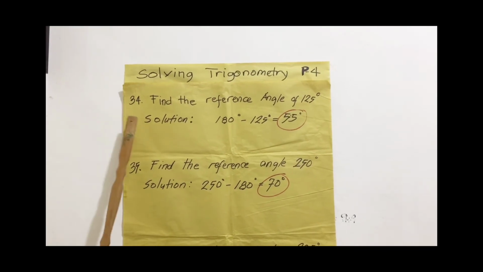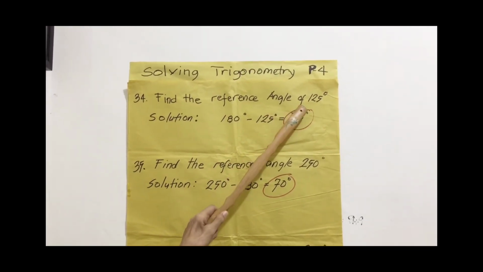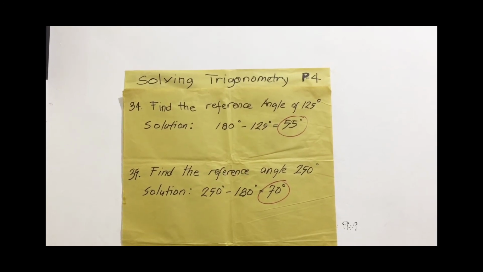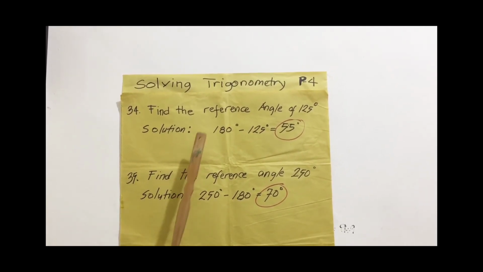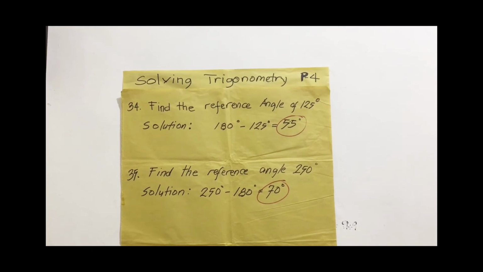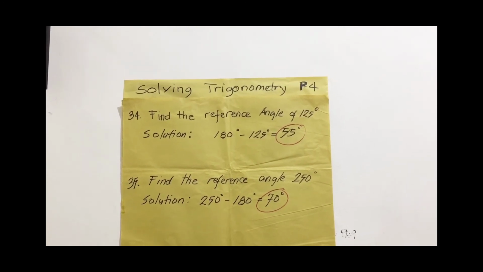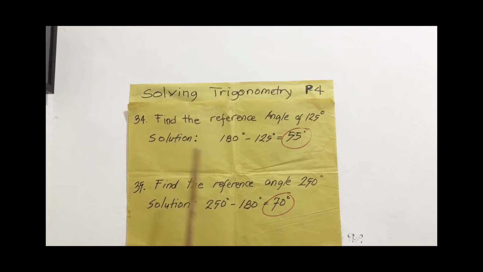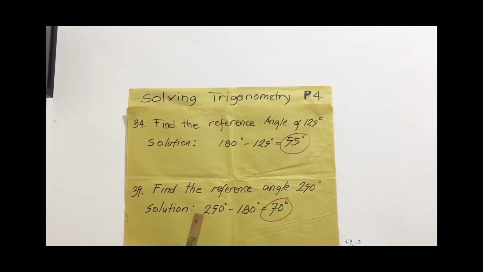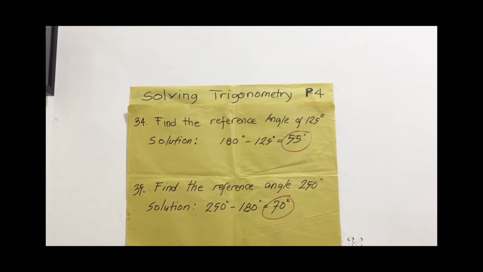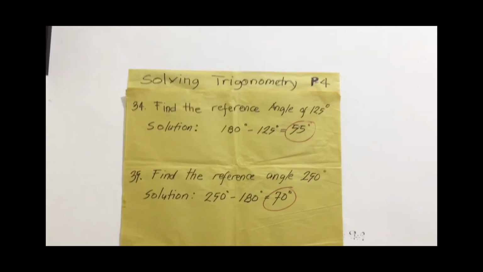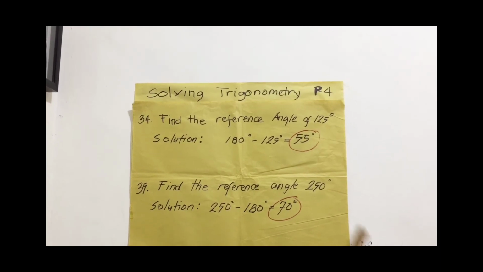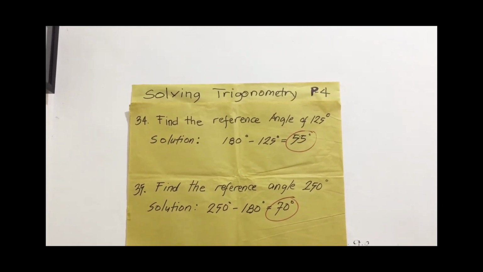Okay, next, number 34, find the reference angle of 125 degrees. So we have to think first, since the question is the reference angle, you have to recall that one rotation in a circle is equivalent to 360 degrees. Then the half of a circle is 180 degrees.